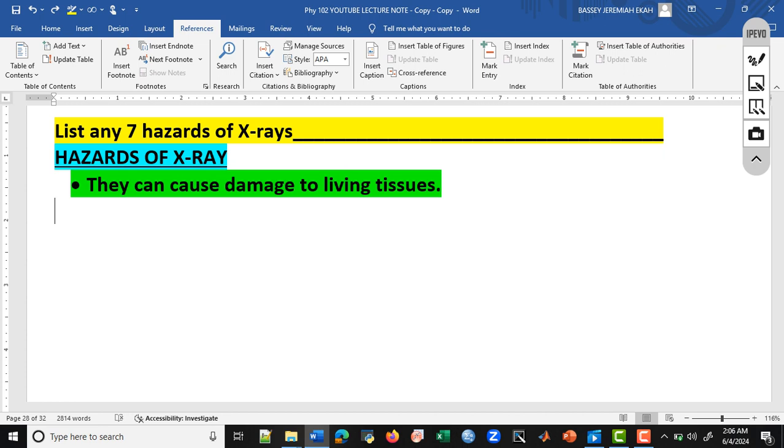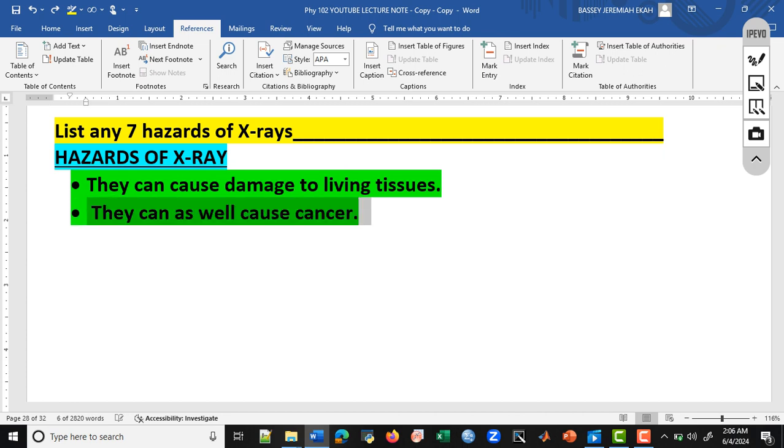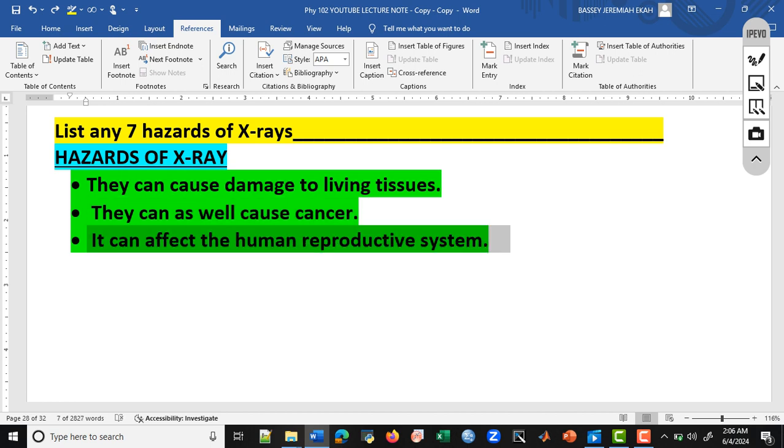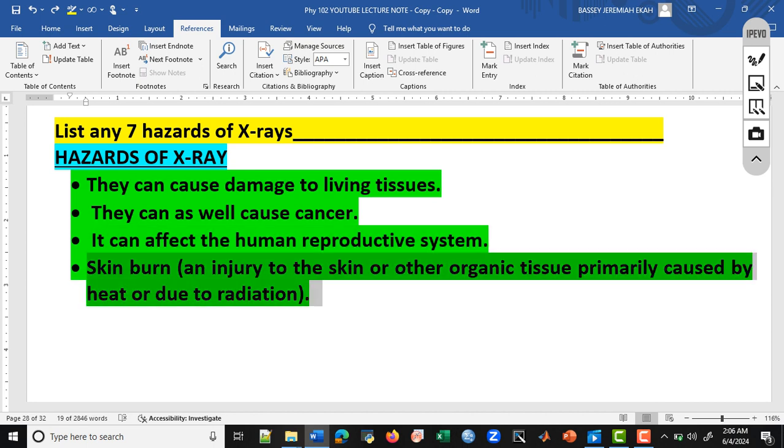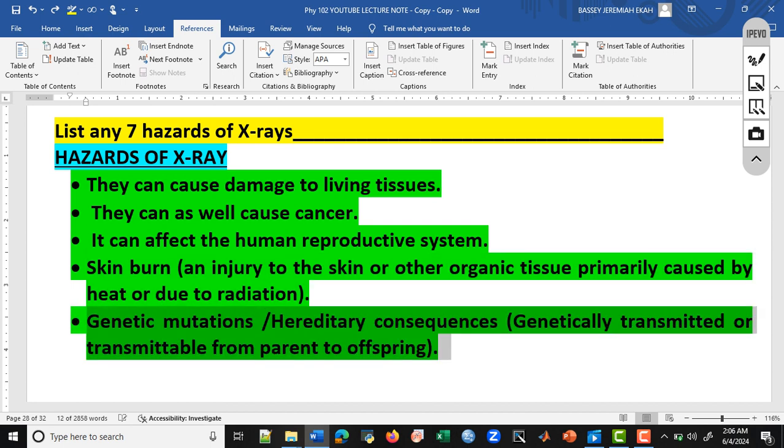They can as well cause cancer. It can affect the human reproductive system. It can cause skin burn. It can as well lead to genetic mutations and hereditary consequences.